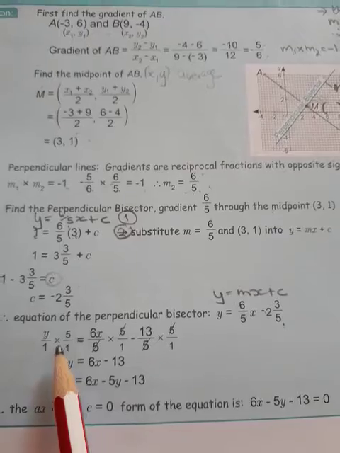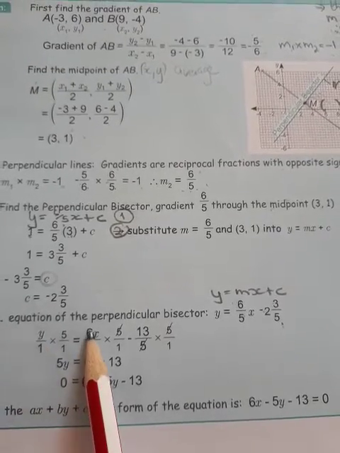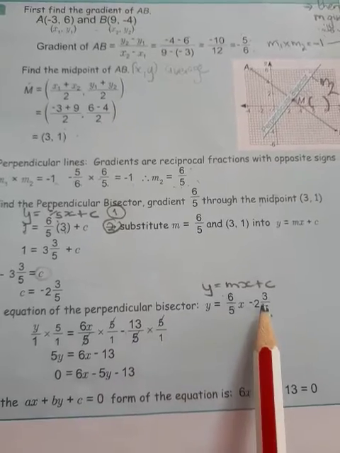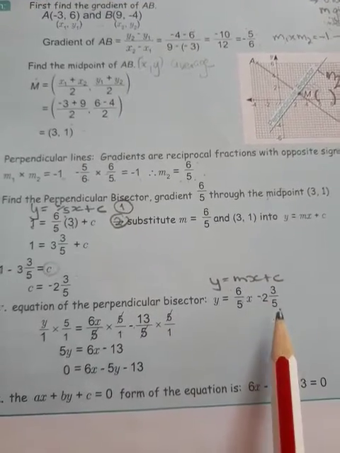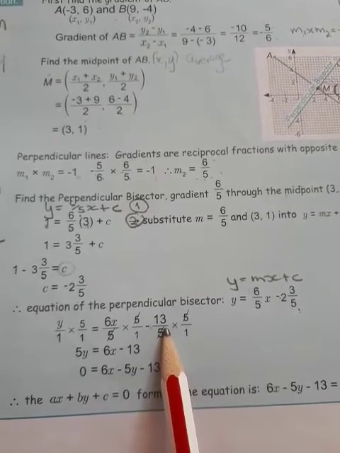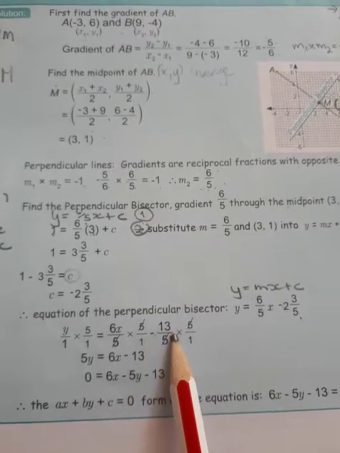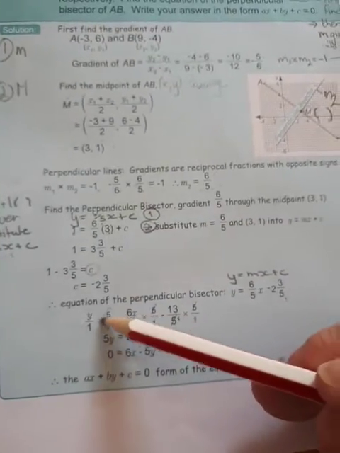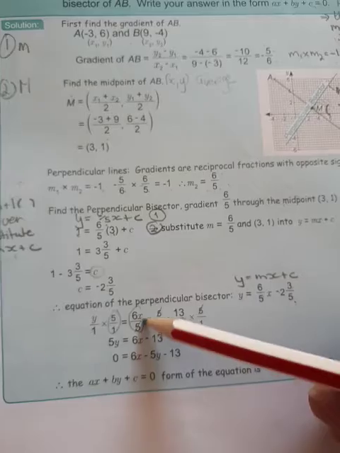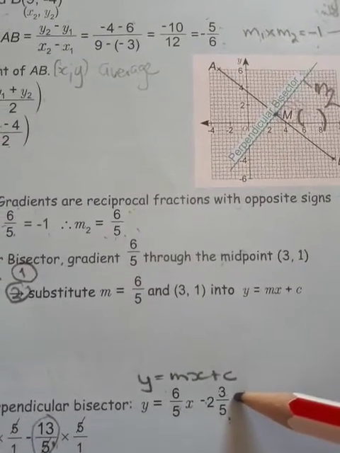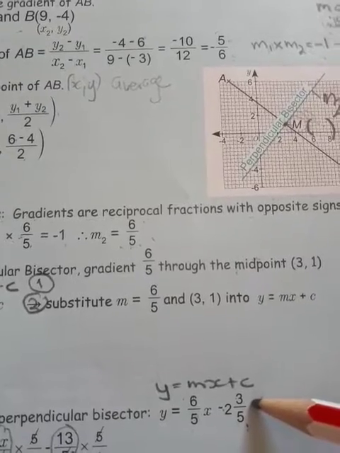Now this is really just simply rewriting that very same thing that you have. Have a look. We've got y equals 6/5 x minus negative 2 and 3/5, which is an improper fraction, negative 13/5. Let me just circle this and this, and this comes from your gradient intercept format.